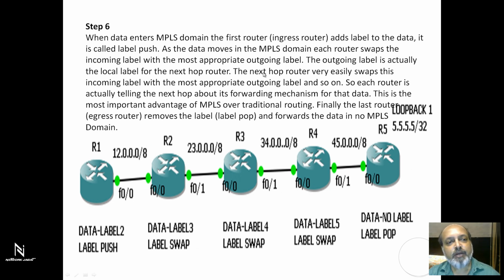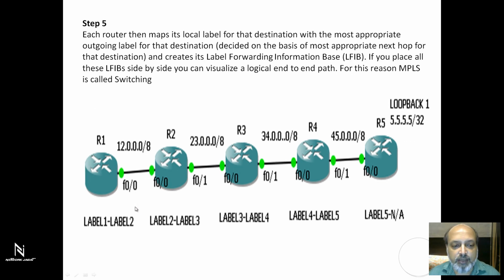Before explaining this paragraph, I would like to mention that the label switched path, which can be visualized as a virtual path by connecting the LFIBs of the different label switch routers, is already present before any single data has passed.